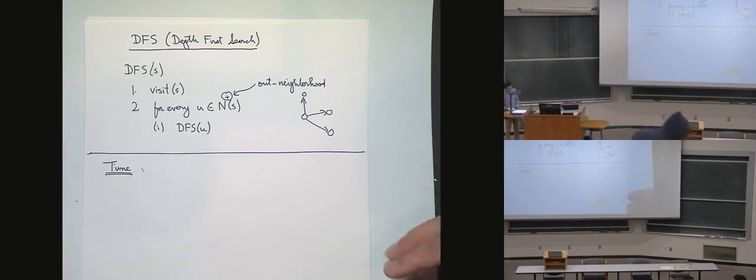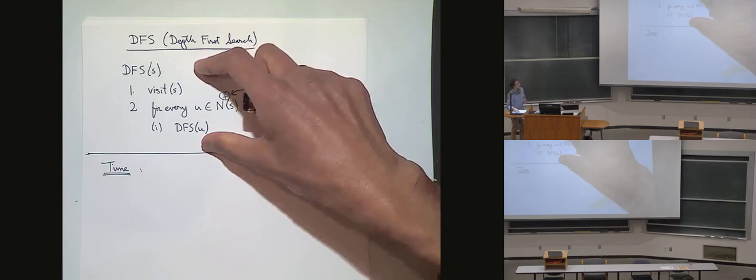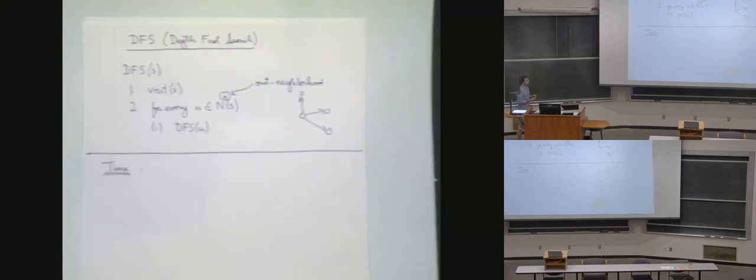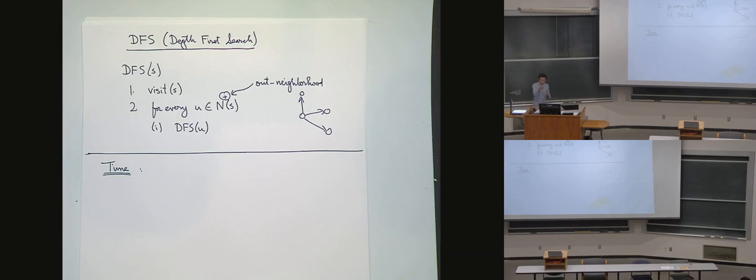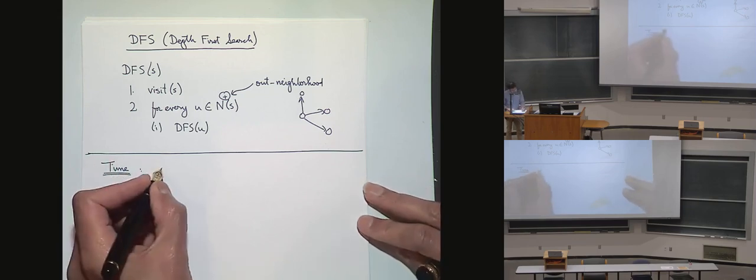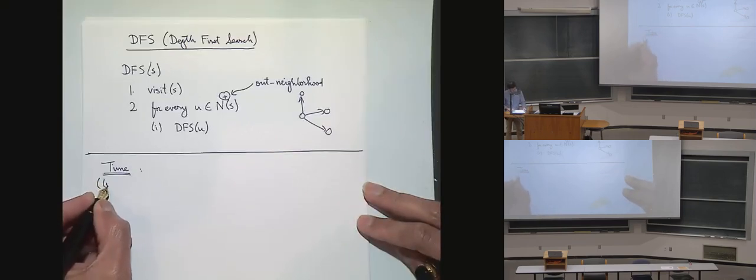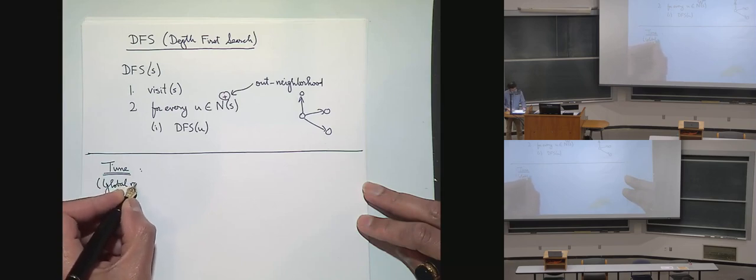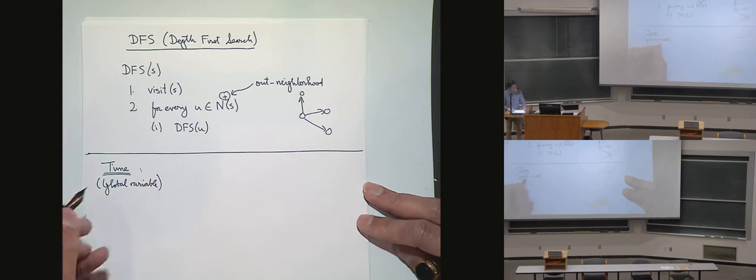So what is time? I'm going to think of there being a global clock that's going. So every time something happens, the clock ticks. This is like a global variable outside DFS. And for every vertex, I track when it is discovered and when it finishes. So you have predecessor, visited as before, and you also have this notion of time, which is a global variable, like a counter.